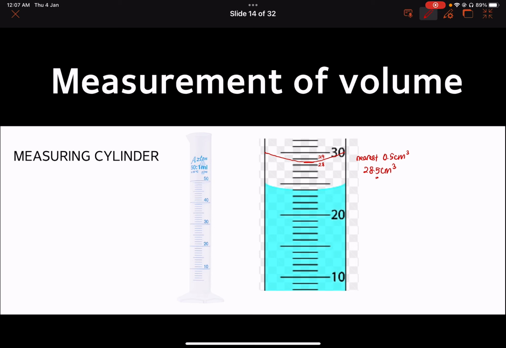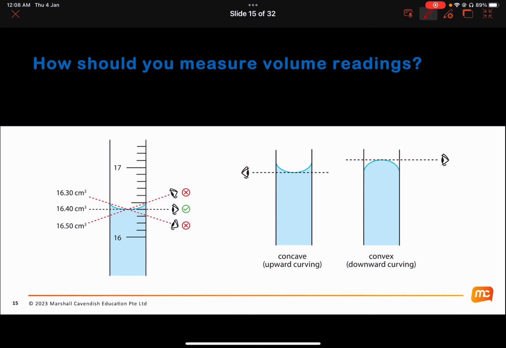Then, since this is only giving you an approximate reading, do we have better apparatus for measuring volumes? Yes, we do. This is what I've already briefed you earlier on. You should always take readings at eye level from the bottom of the meniscus.